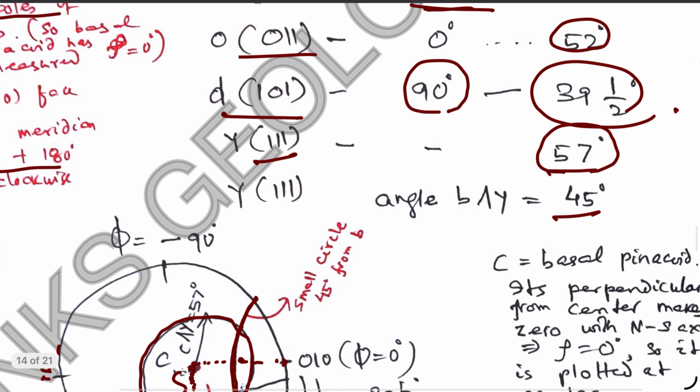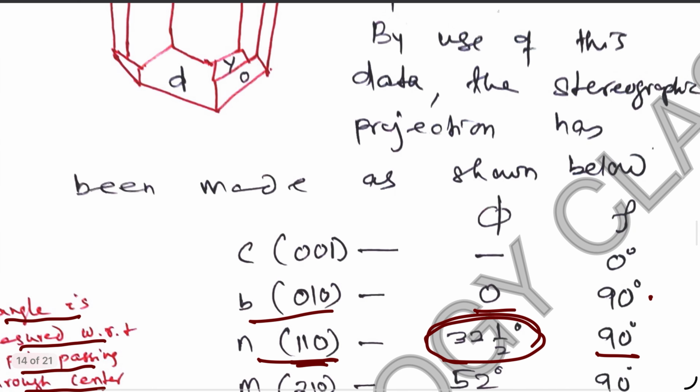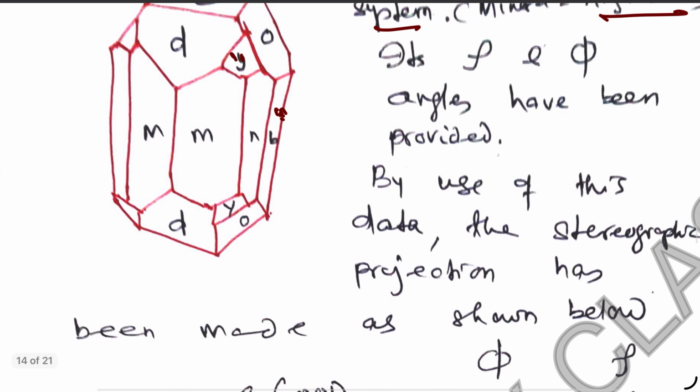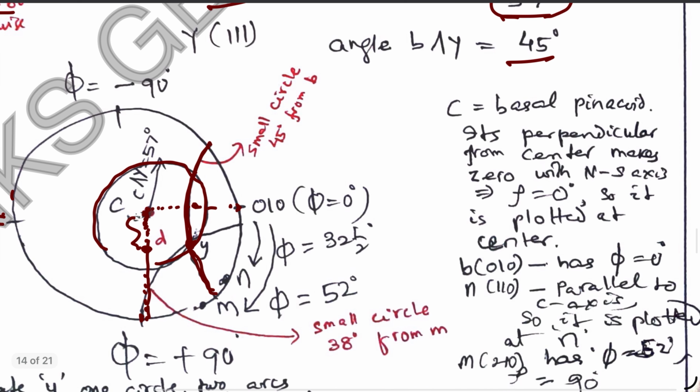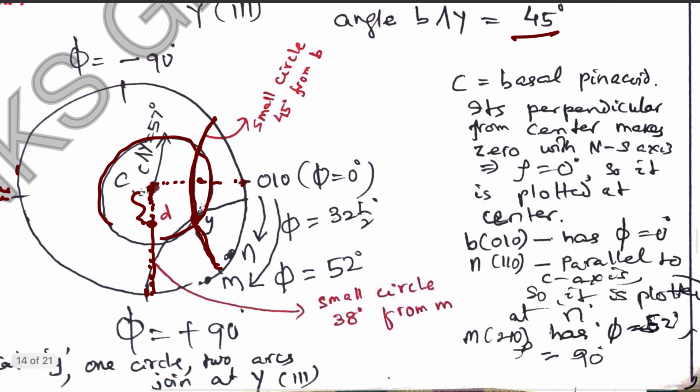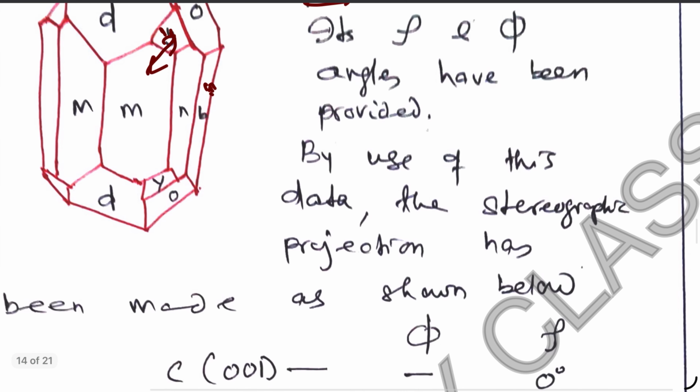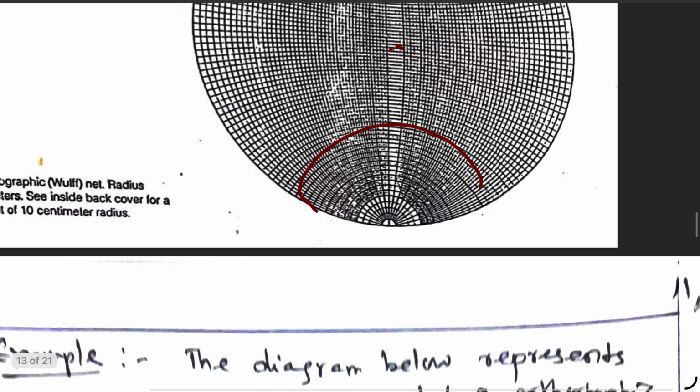With respect to M. So M versus Y, the angle is 38 degree. Small circle 38 degree. So keeping M as center, keeping M at this point of the Wulff net, we have the circles like this.